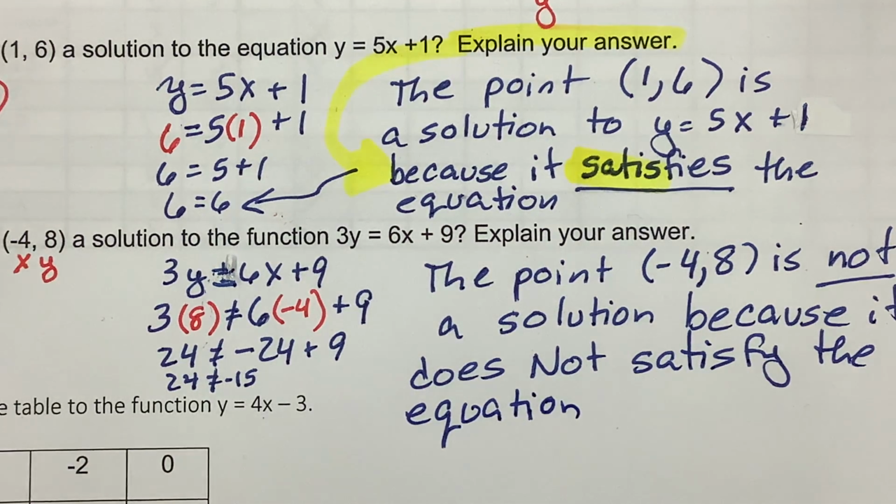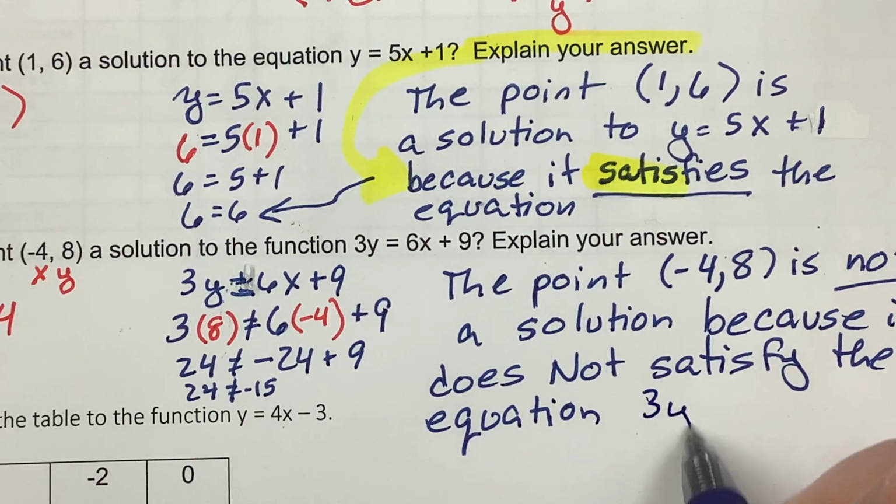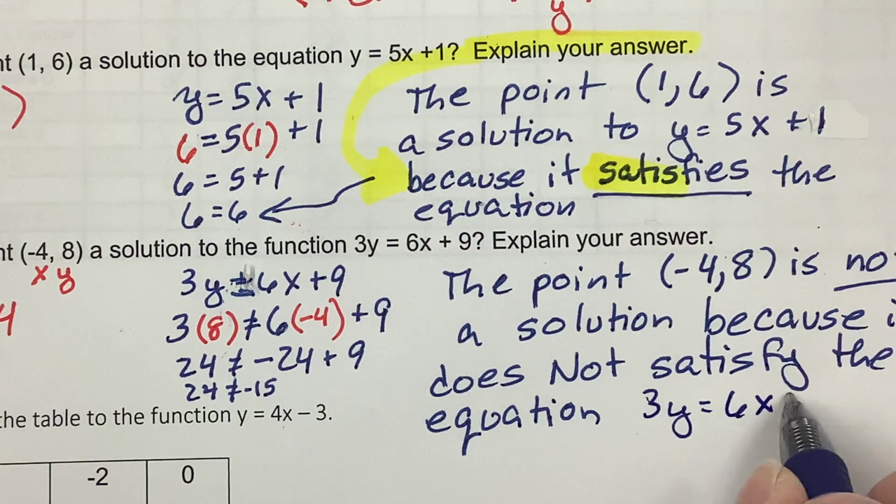So the point -4, 8 is not a solution because it does not satisfy the equation 3y equals 6x plus 9.